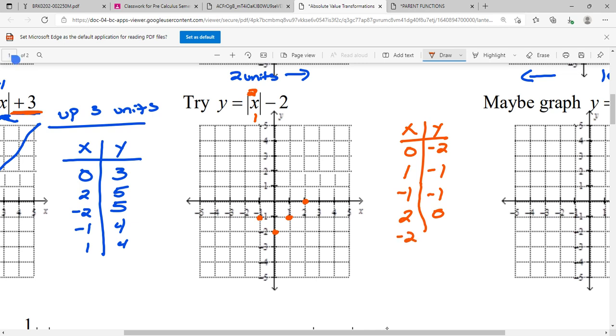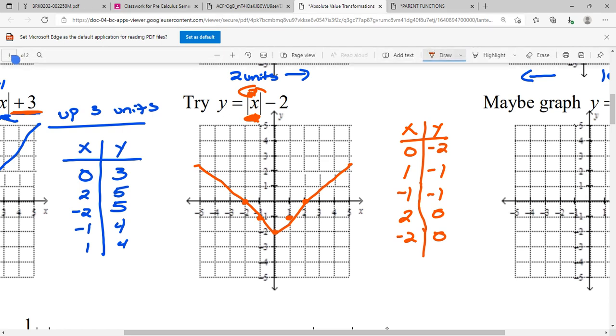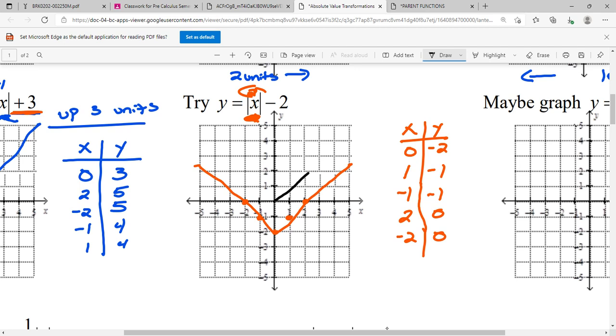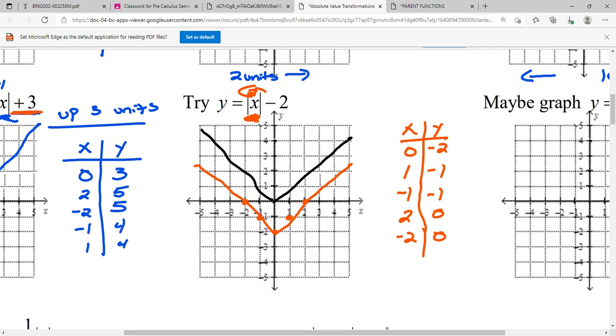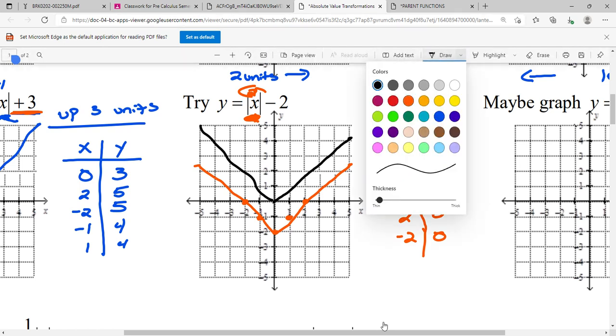Negative 2, same thing, because the absolute value of negative 2 is just plain old 2. 2 minus 2 is 0. That would be there. So there's that one. And if we draw in our parent function, which is here, you'll see that it just shifted it down 2 units.